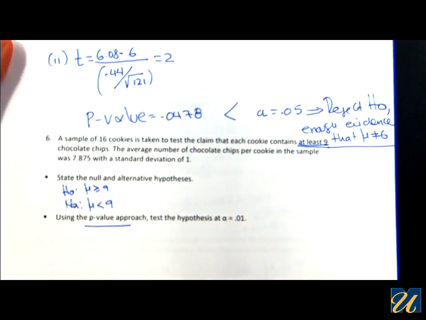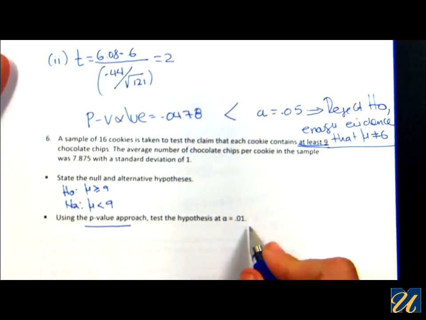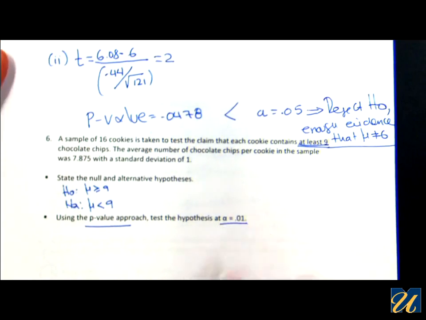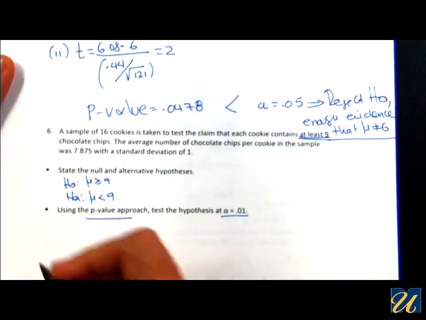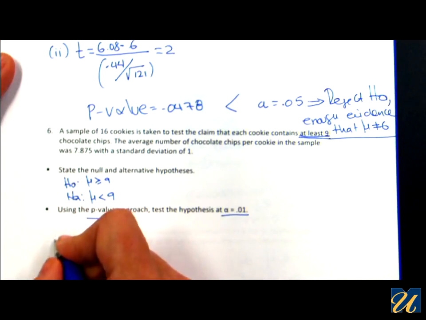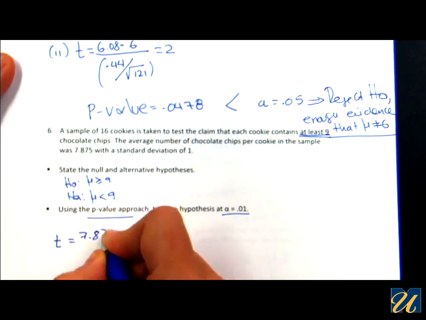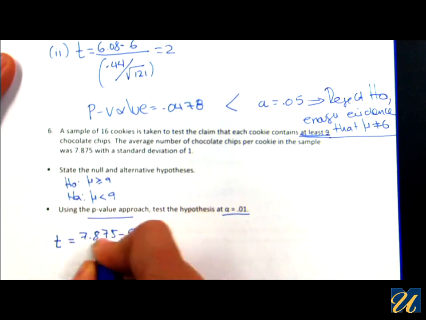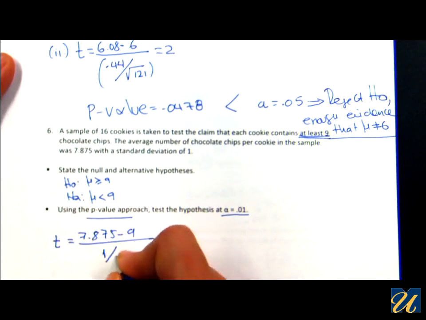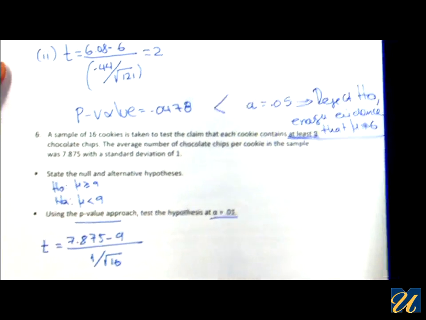Using the p-value approach, test with an alpha equal to 0.1. So once again, I have a t-test since S is given. 7.875 minus 9 over 1 divided by square root of 16.